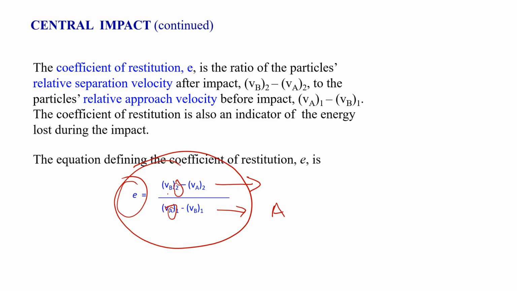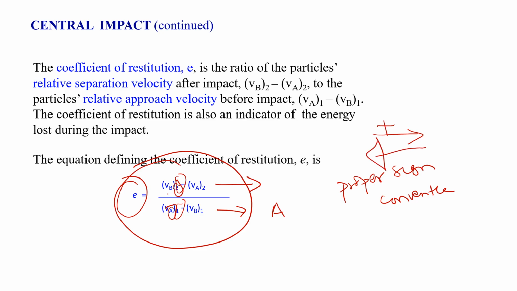But remember, you must follow proper sign convention. That's very important. These minus signs come from the formula, so depending on which direction you assume to be positive or negative, you must follow the proper sign convention.